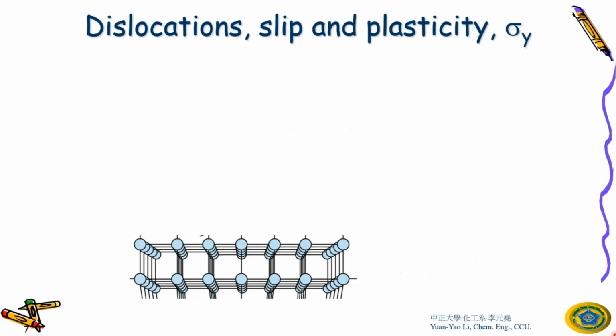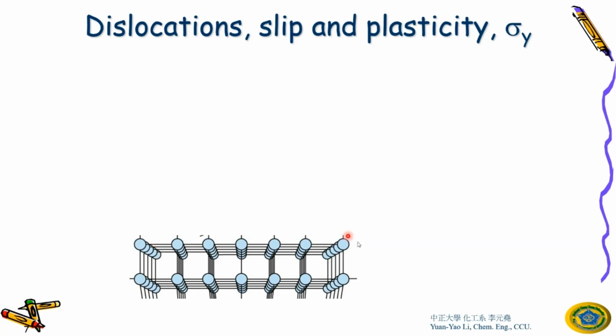Okay, so let's think of a dislocation in principle, which is a slip or plasticity. If we have atoms packing like this, we have atoms, and this stream behaves like a bonding energy, or bonds between two atoms.